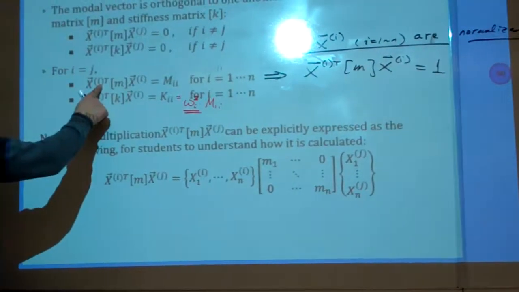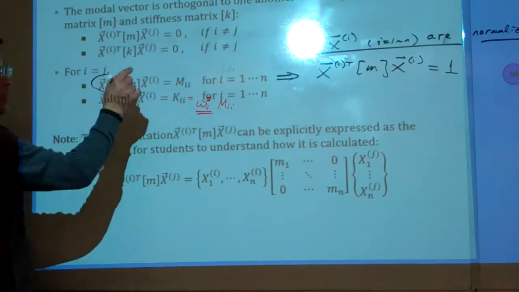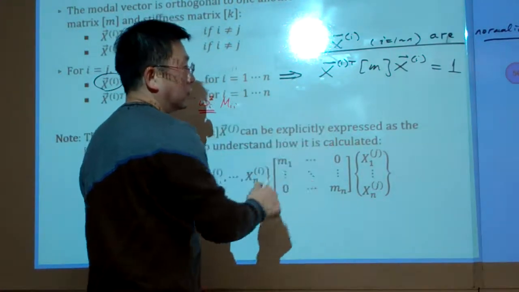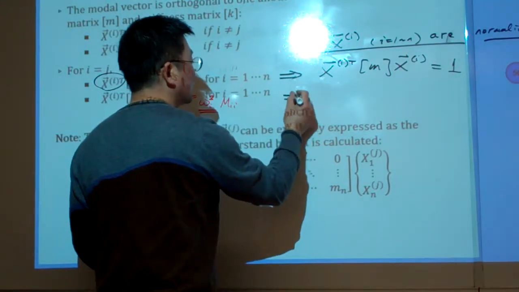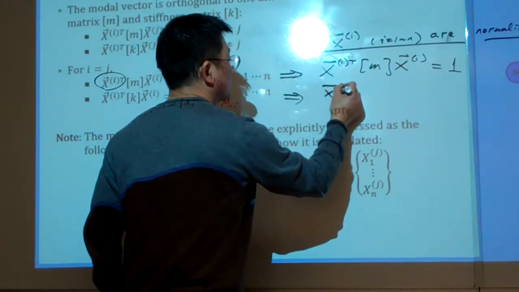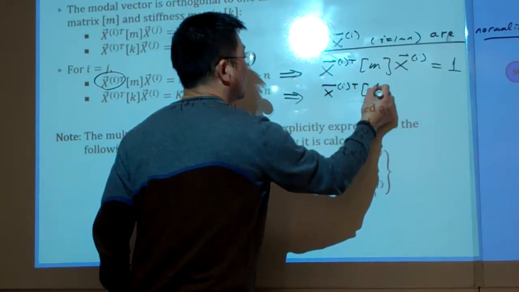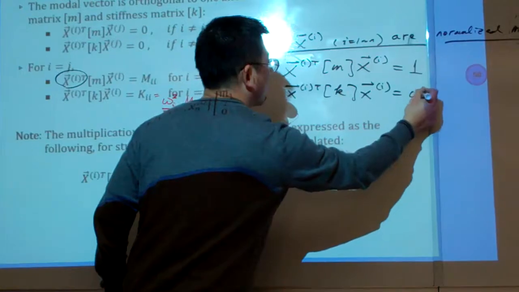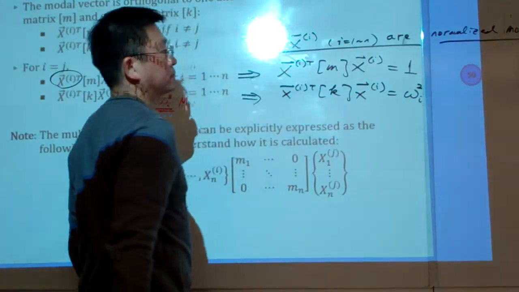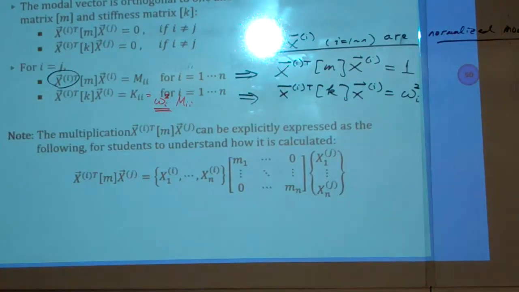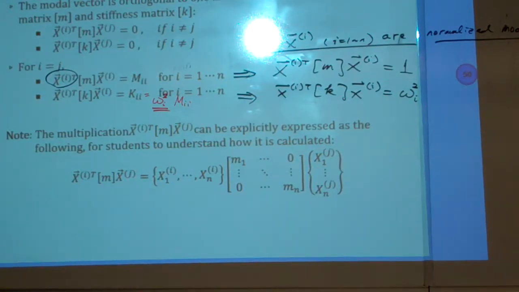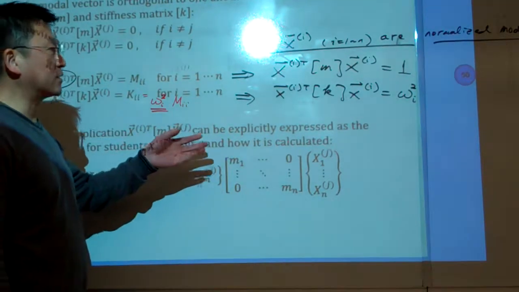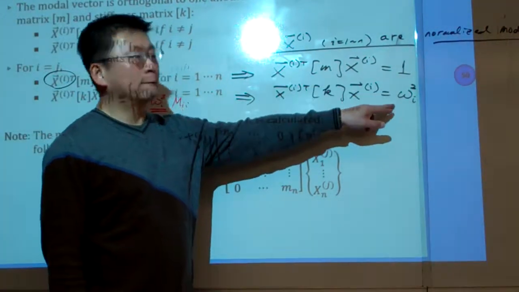So what I'm saying is, after our normalization, this should be equal to 1, and these equations should be x_i transpose K x_i equal to omega_i squared. So the advantage of doing the normalization process is this.